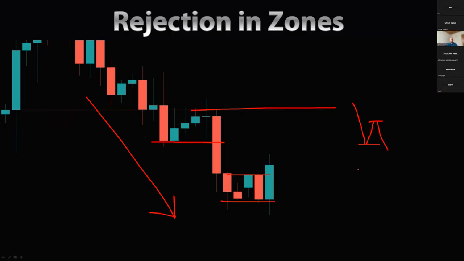Now, next one is we come down, downtrend, we create support, and then we range. Whichever way we break out of the range, whether it's down or up, there's a very high probability we can move in that direction. So in this case, I think we came down and we ranged.